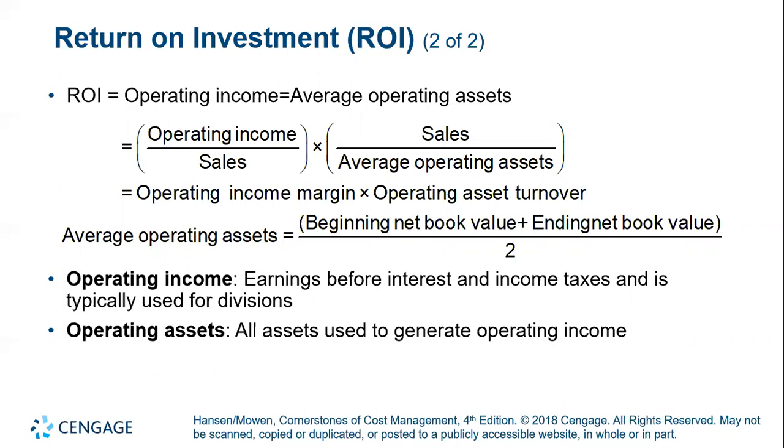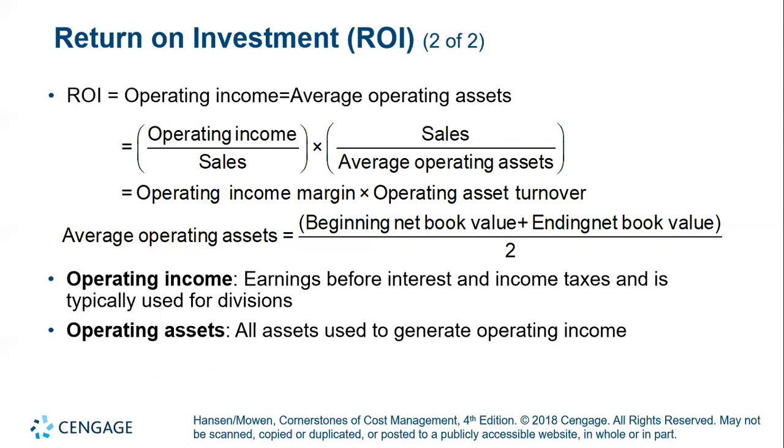Or eliminating sales, that will finally give us operating income divided by average operating assets, wherein the average operating assets is taken by adding the beginning net book value and the ending book value and dividing the total by 2.